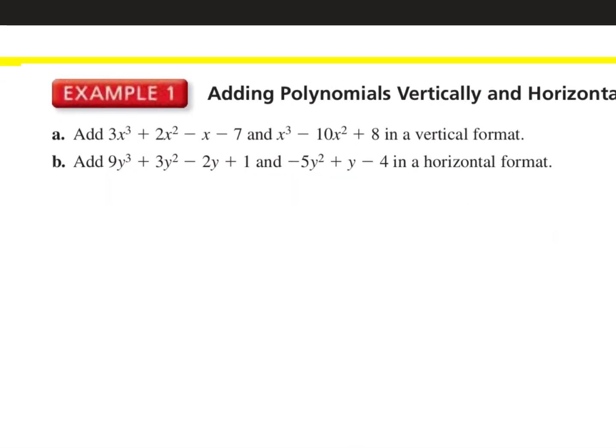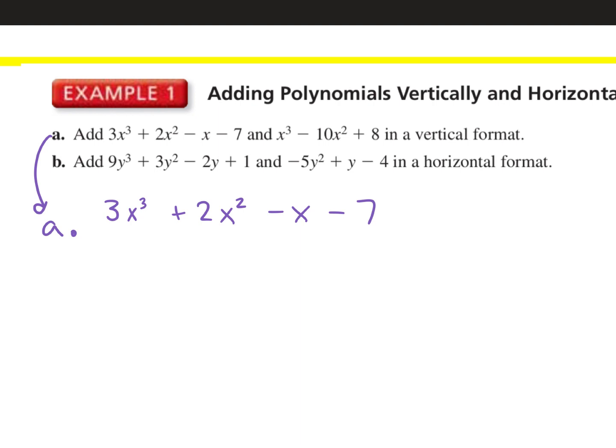So we can either add our polynomials vertically or horizontally. We, I think, have always done it horizontally in the past, but I'll do an example vertically, and if you like doing that better, then you can do it that way if you prefer. So I'm going to put one polynomial on top of the other. So I have 3x cubed plus 2x squared minus x minus 7.